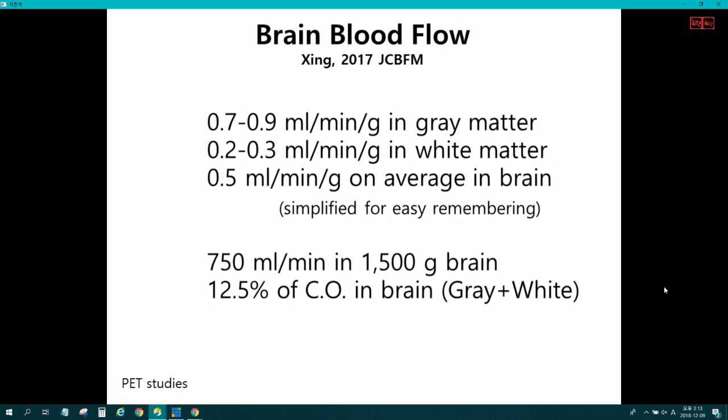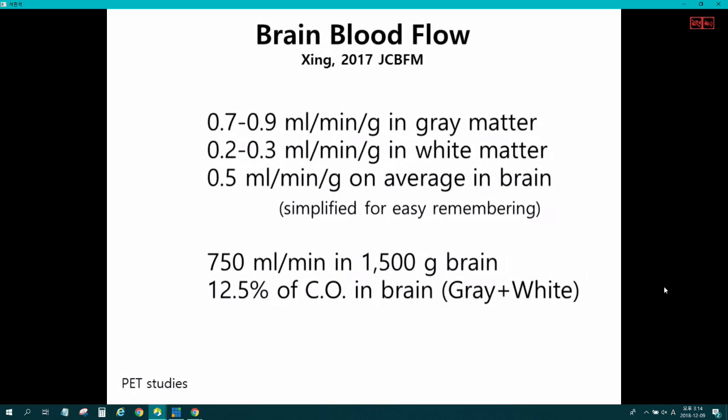If I calculate here, 750 milliliter per minute in 1,500 grams, just a simple calculation, and the cardiac output, 12.5%. That's a simple calculation, and I used that slide for almost 20 years to teach my students.